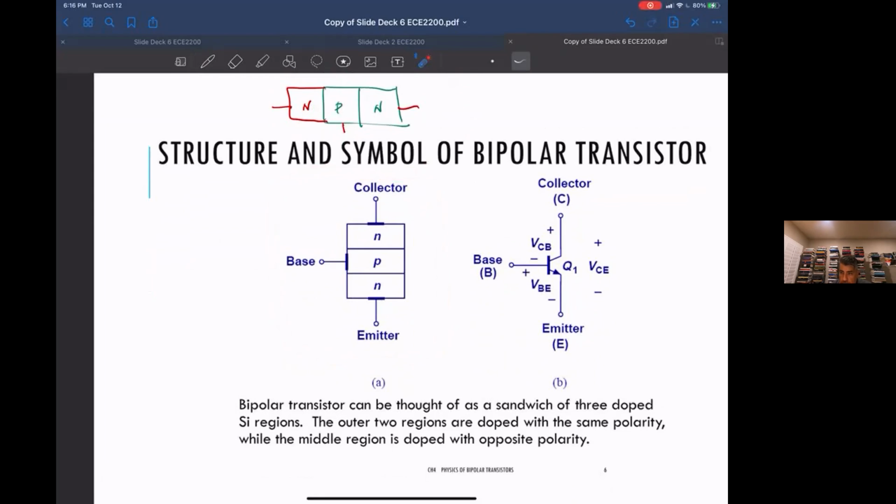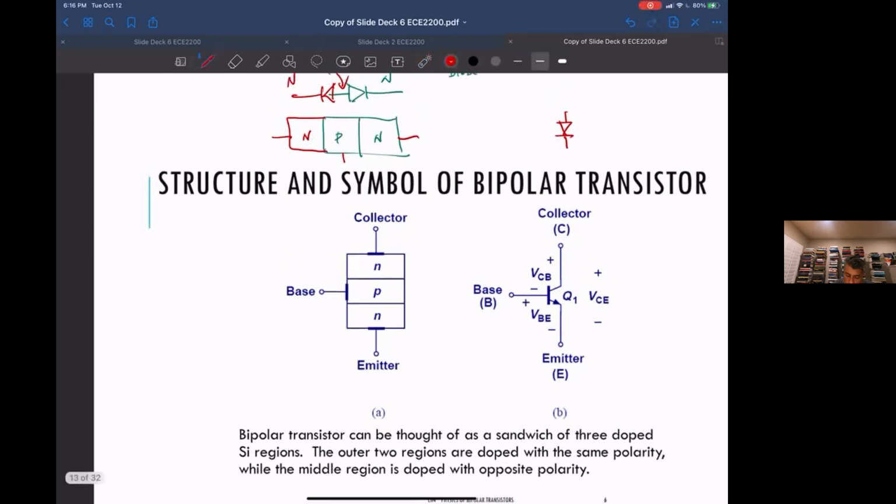Now notice we went from a diode. Here's the schematic for a diode, and it's a two-terminal device, meaning there are only two connections to this diode. A transistor, because we're connecting to each one of these points, is a three-terminal device.